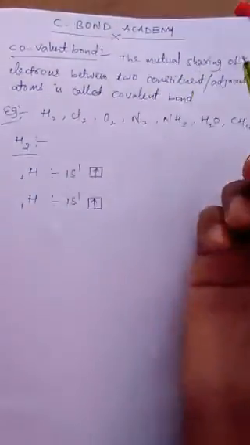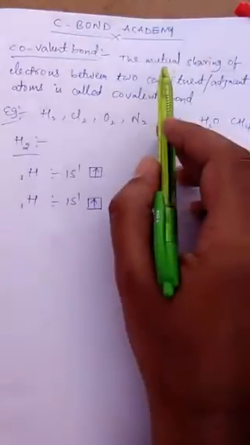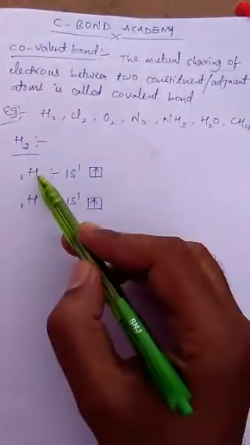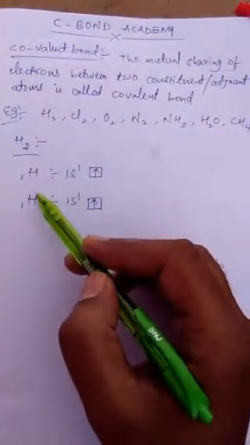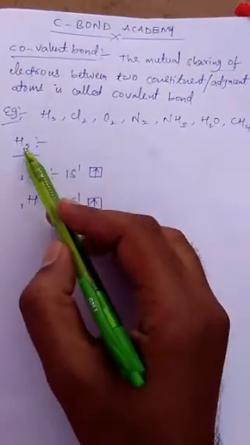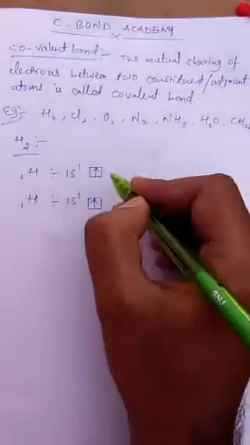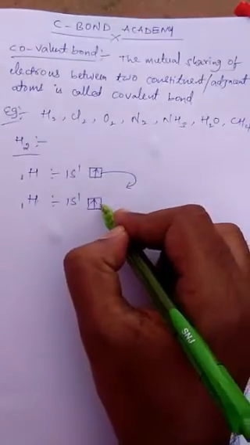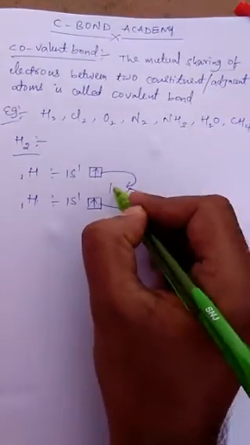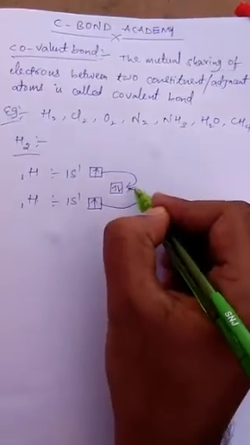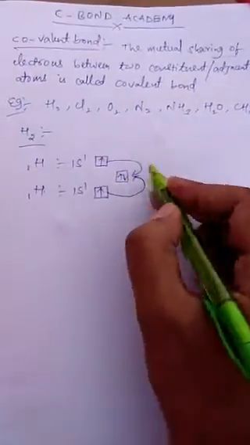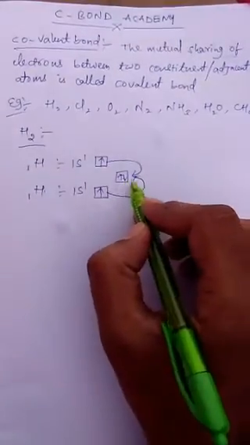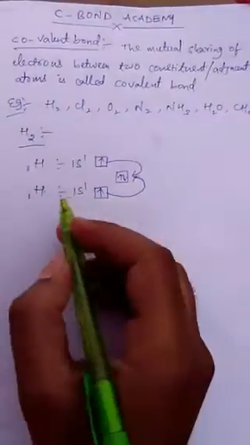According to the definition, there is mutual sharing of electrons between these two constituent atoms. The first hydrogen gives 1 electron, and the second hydrogen gives 1 electron to get a doublet. Doublet means stable, very near to helium configuration.